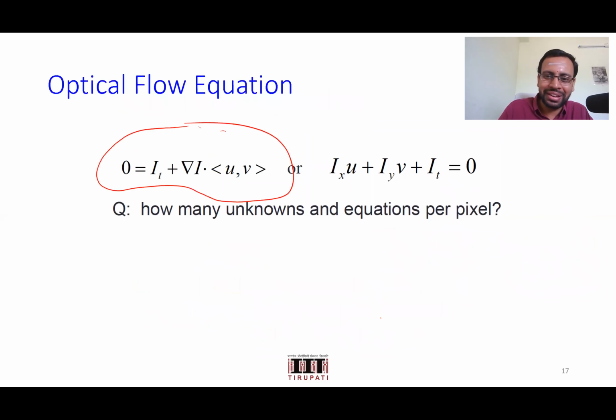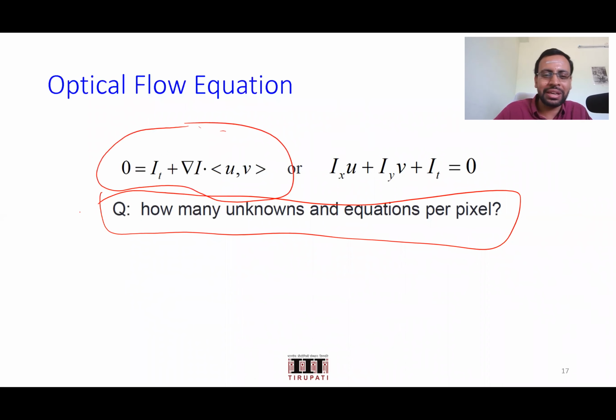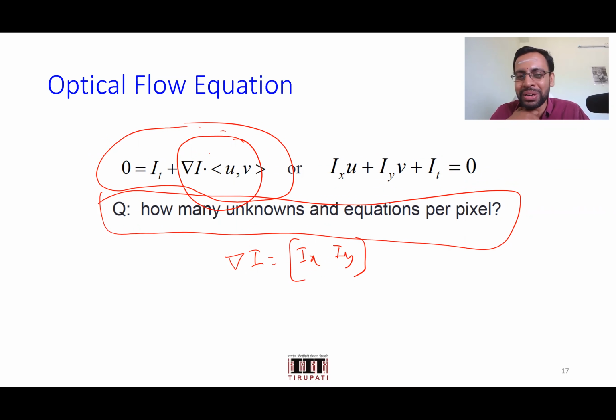Okay, so I anyway answered this question myself, but what I still give you as an exercise is to arrive at this, where the gradient of I is equal to Ix comma Iy, this vector. You make a note of it; I wrote it as a dot product. The multiple solutions I want you to draw.